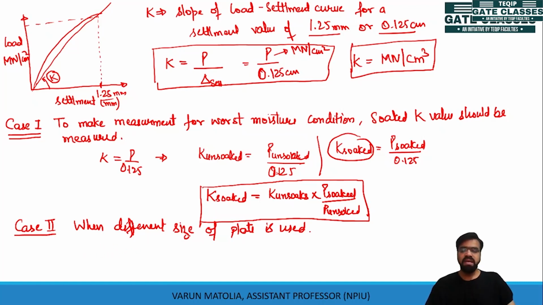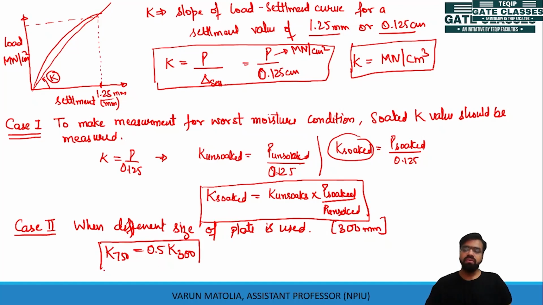Let us say we have used a 300 plate. So we want K 750. The relationship between K 750 and K 300 is given as K 750 equals 0.5 K 300.